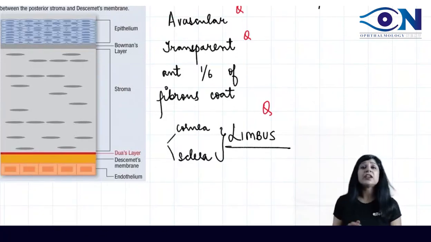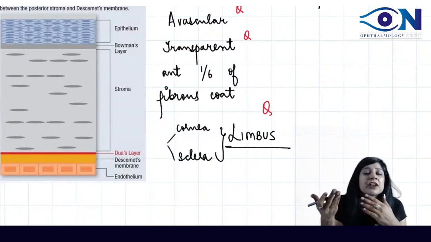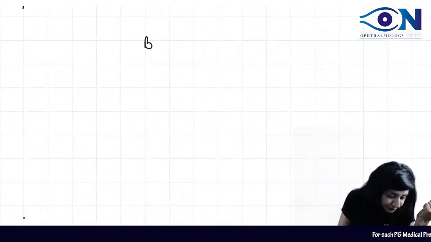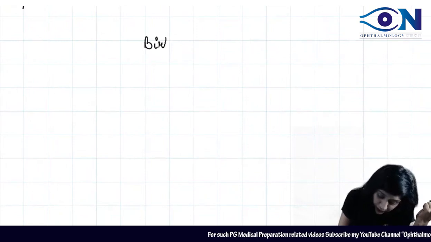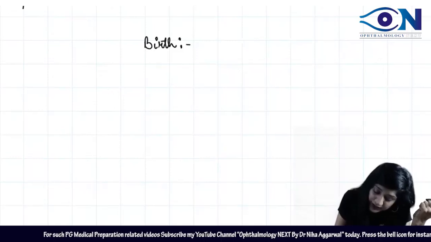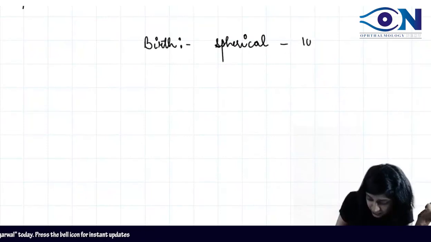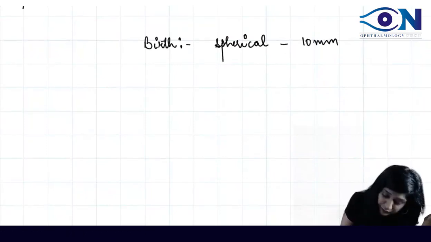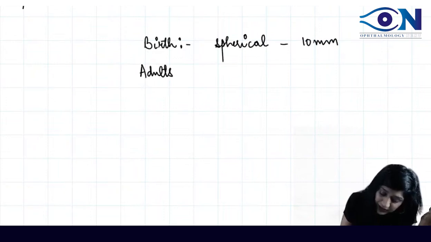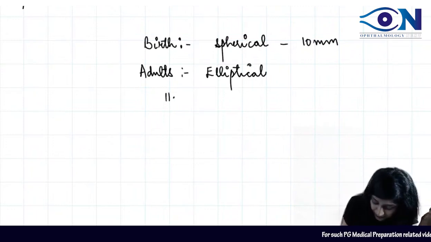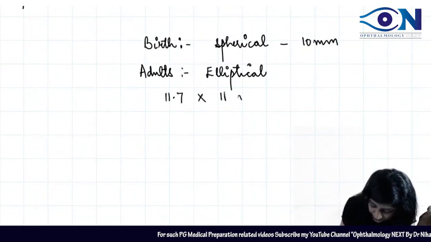All right, now we'll discuss the shape as well as the dimensions of the cornea, and then we will come to the layers directly. At the time of birth, the cornea is spherical and its dimension is 10 mm. In adults, it is elliptical in shape and the dimension is 11.7 into 11 mm.